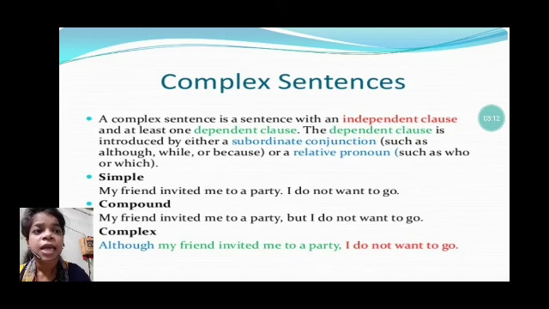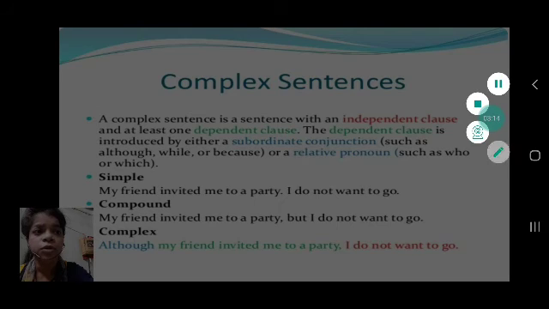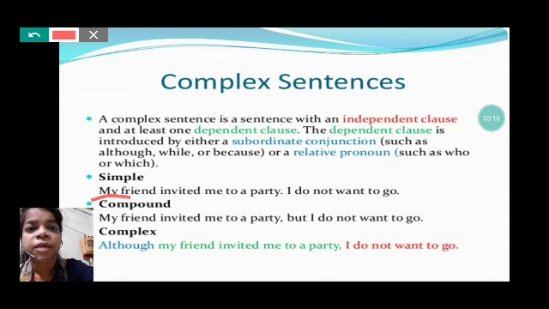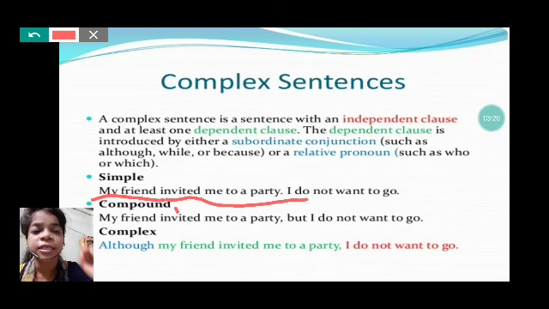Next sentence: I do not want to go. I is the subject and do not want to go is the predicate.